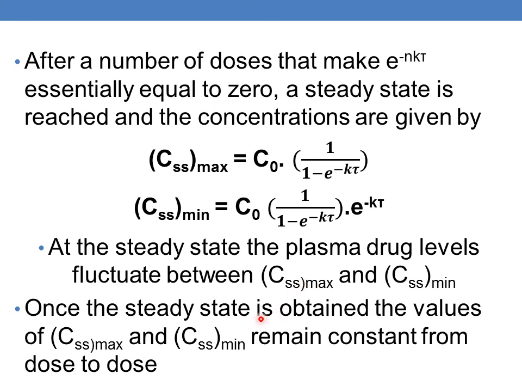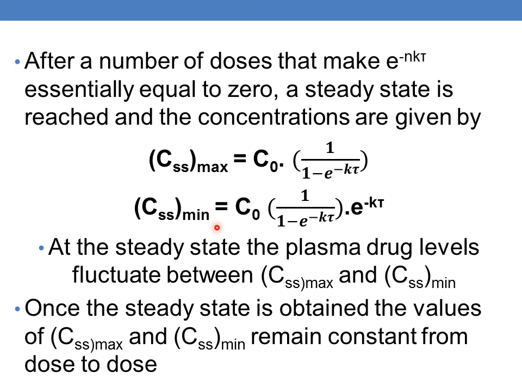Once the steady state is obtained, the values of CSS max and CSS minimum remain constant from dose to dose. These are the important equations used to calculate the steady state maximum and minimum, and they are very important in calculating the loading dose and maintenance dose of the multiple dosage regimen.